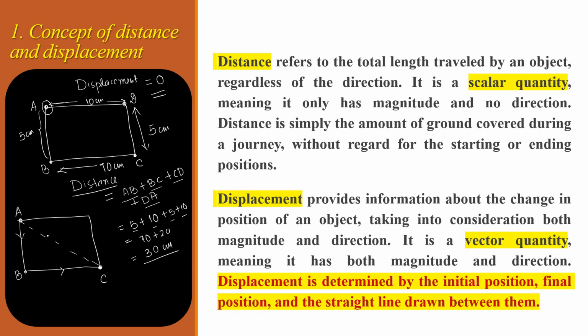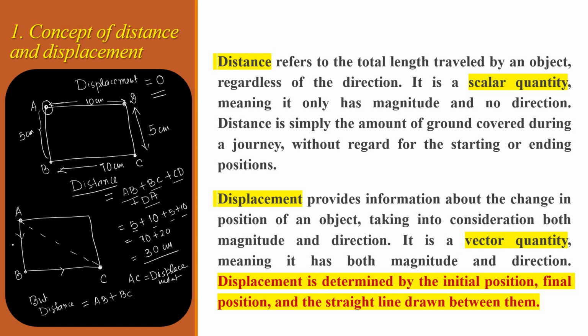The displacement is the length of the line AC, whereas the distance is equal to AB plus BC.